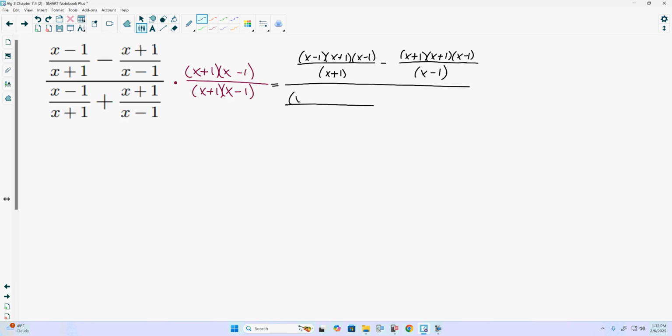On bottom, we'd have x minus 1 times x plus 1 times x minus 1 over x plus 1 plus x plus 1 times x plus 1 times x minus 1 over x minus 1.